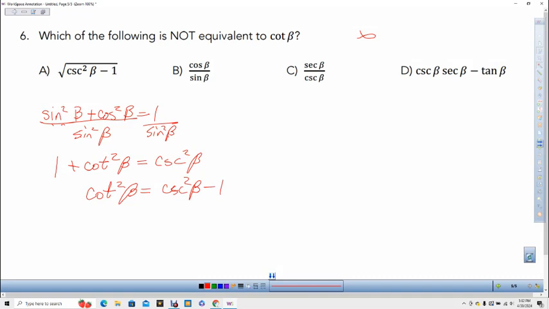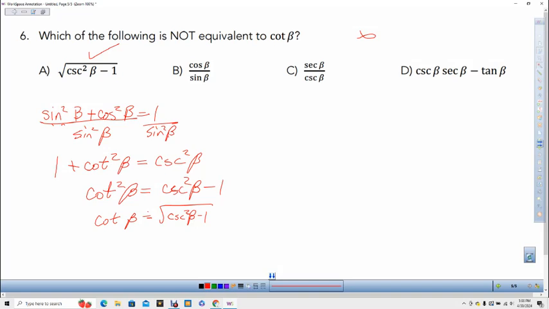Now if I take the square root here and the square root there, cotangent beta is going to equal the square root of cosecant squared beta minus 1. So ding, ding, ding, that one checks. That one is equivalent, so it's okay.